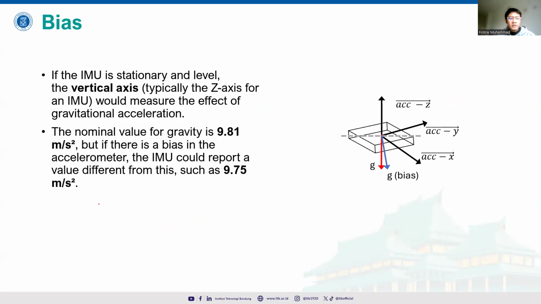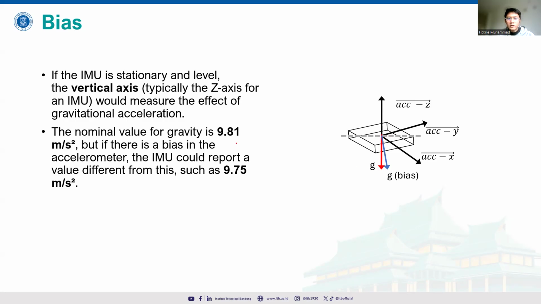And then the bias, right? We discussed the bias previously. For example, the gyroscope or the accelerometers in the IMU, when stationary or still in the initial position and level on the vertical axis, should measure the effect of gravitational acceleration, which is the G with the red line axis here.